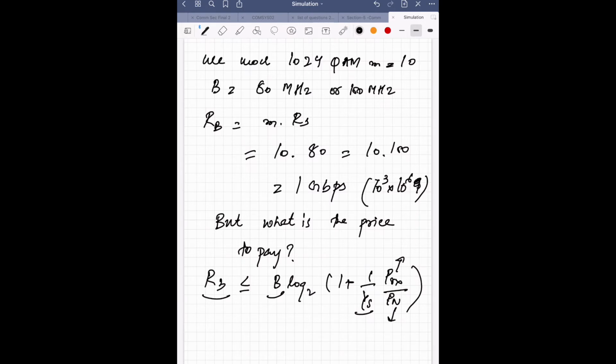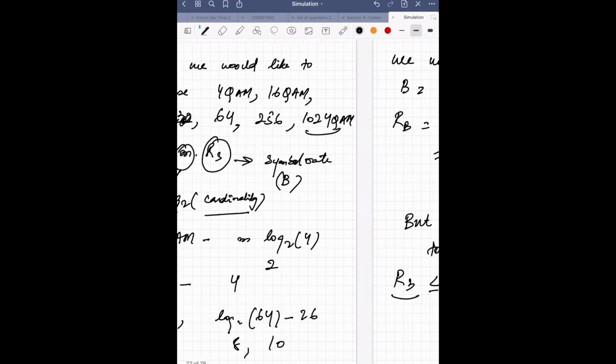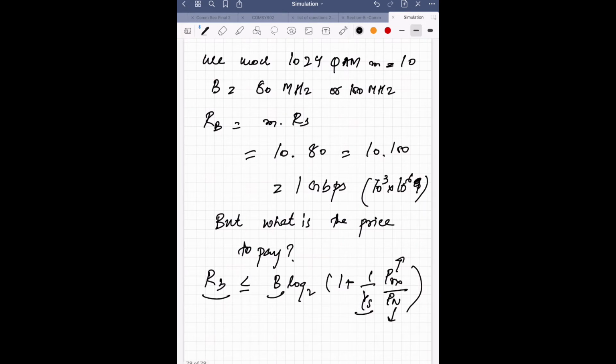If we do a substitution, RB is M RS, RS is B, so we come to M is less than or equal to log 2 of 1 plus 1 by gamma S times PRX by Pn.